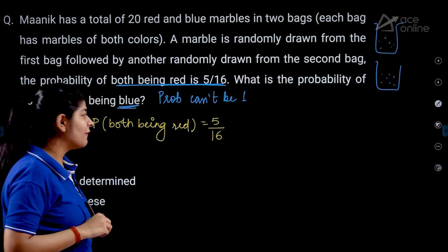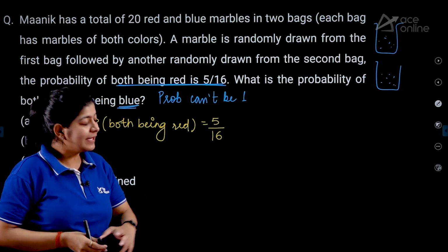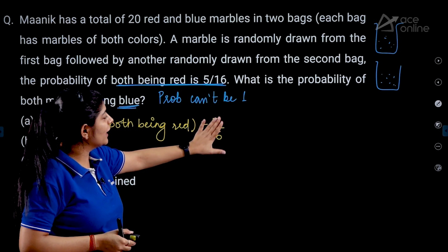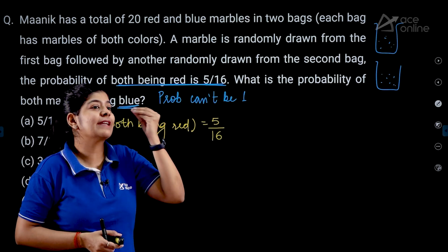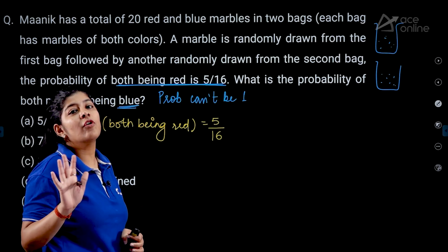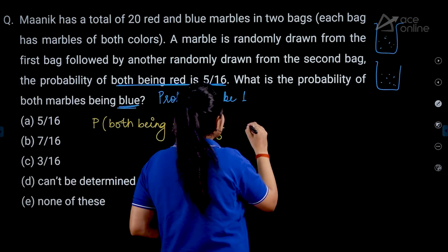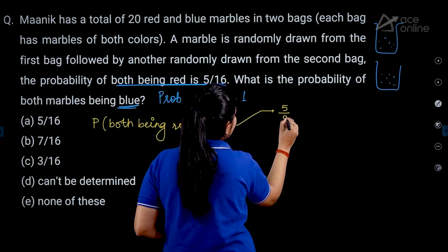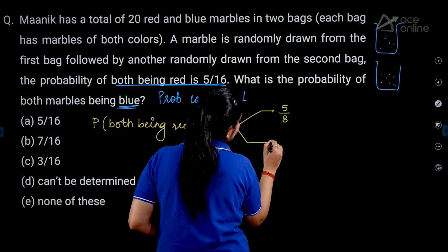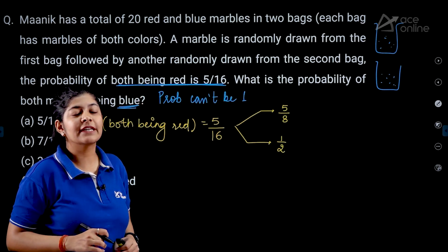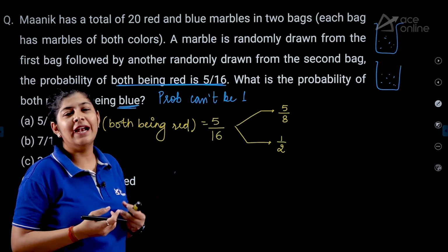But this is a combined probability that we are getting both as red balls. So if I want to bifurcate it, I can simply bifurcate it as 5 by 8 and 1 by 2.